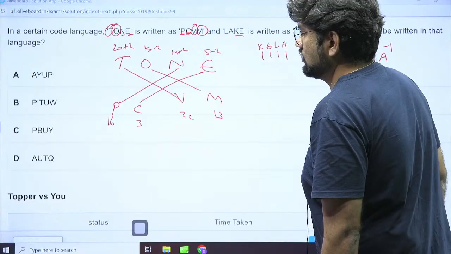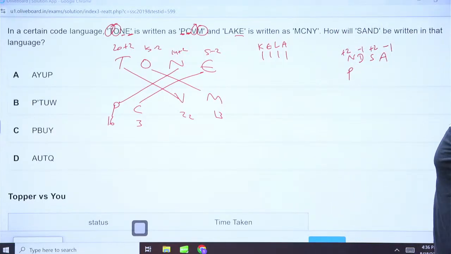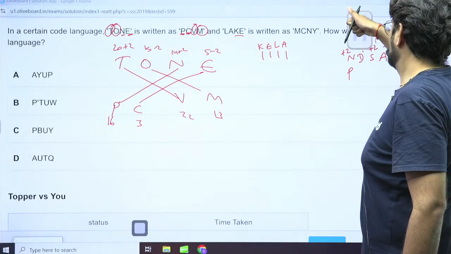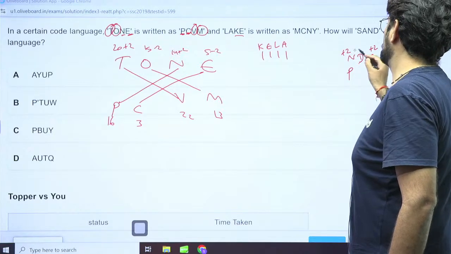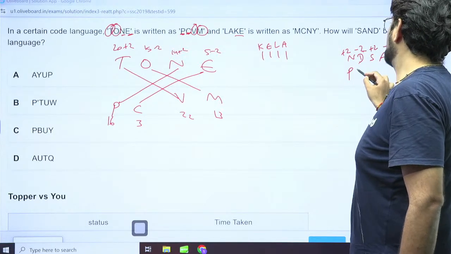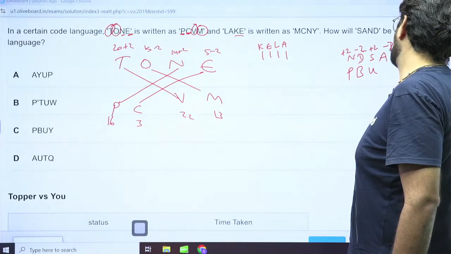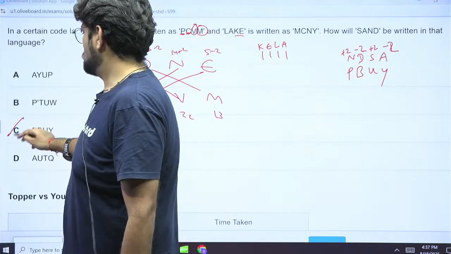We have a B. Sorry, not minus 1, minus 2. Yeah, so we have a B only. So this is not vowel consonant, it is an alternating position only. So D minus 2 is B, 19 plus 2 is 21 and 1 minus 2 is 25. So PBUY, option C is the right answer.